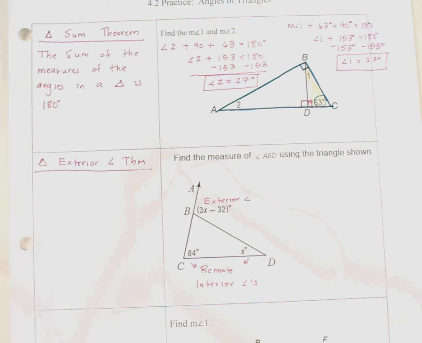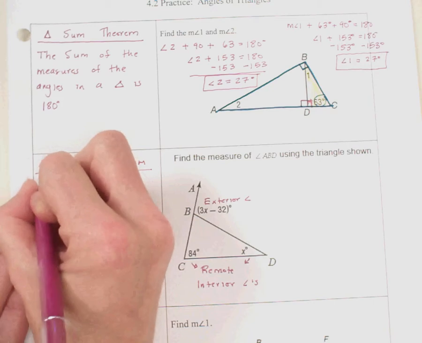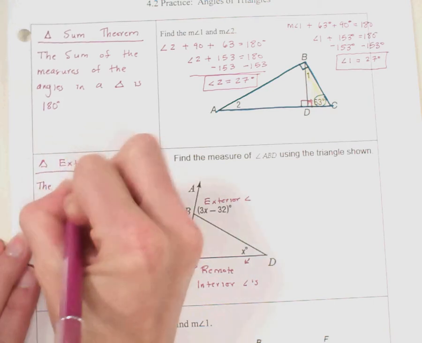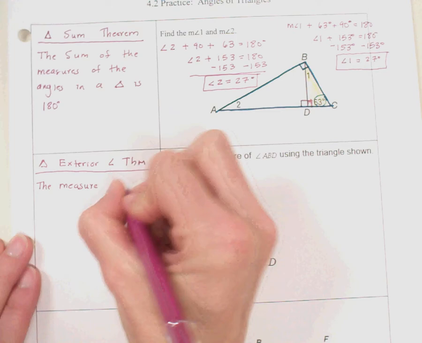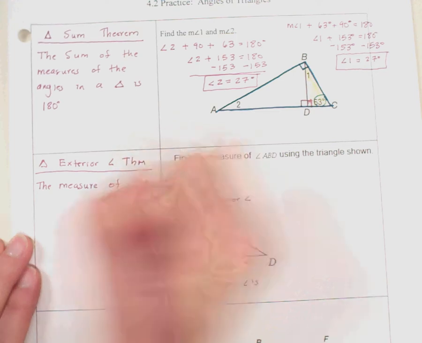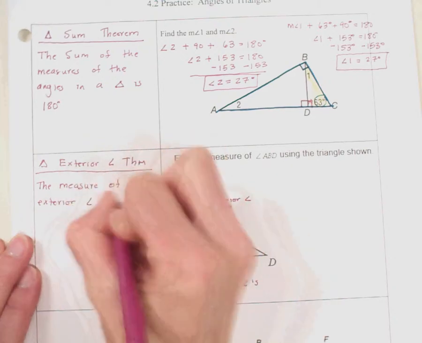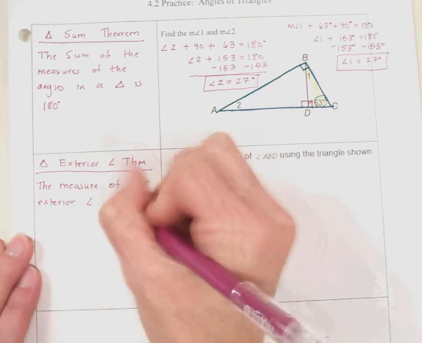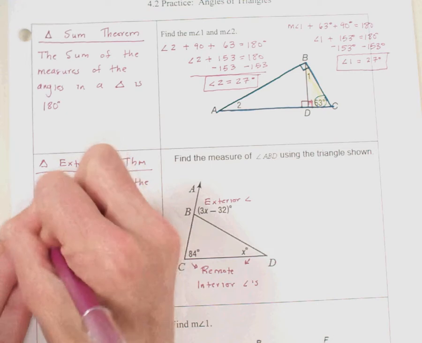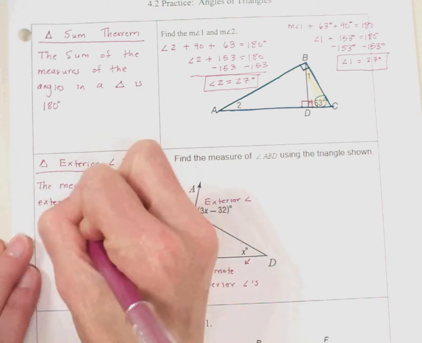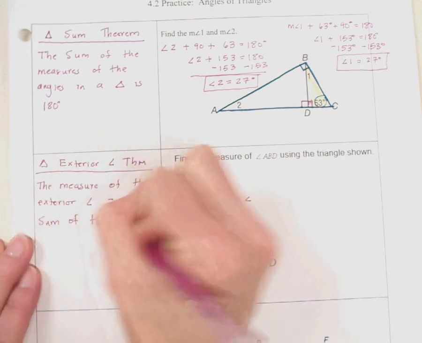The triangle exterior angle theorem states the measure of the exterior angle equals the sum of the remote interior angles.